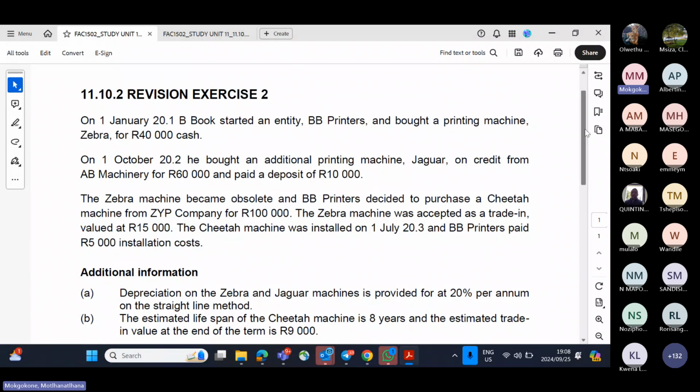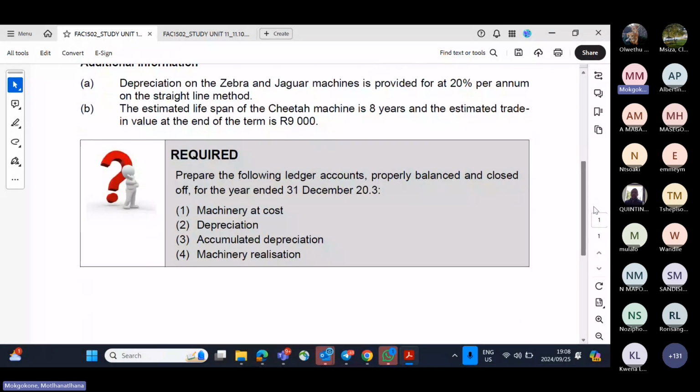Here we are given 11.10.2 revision exercise 2. Let's first read the required. Prepare the following ledger accounts, properly balanced and closed off for the year ended 31st December 20.3. Here we already know the financial year end. If you are given the financial year end, you must determine the beginning of the financial period by going back 12 months.